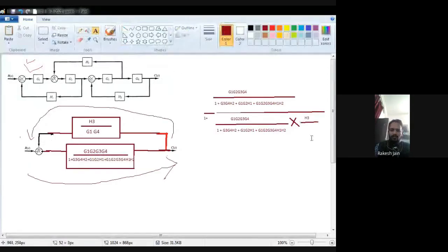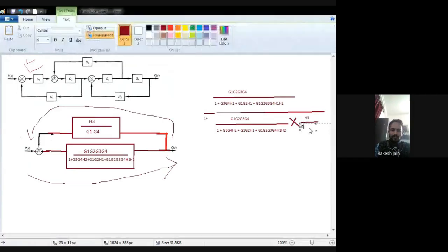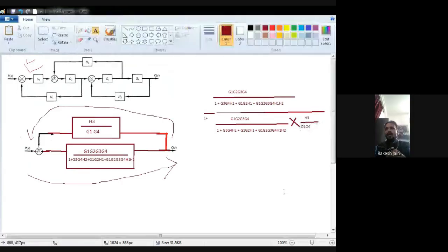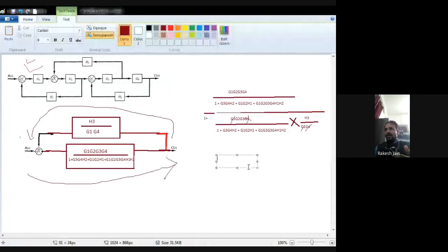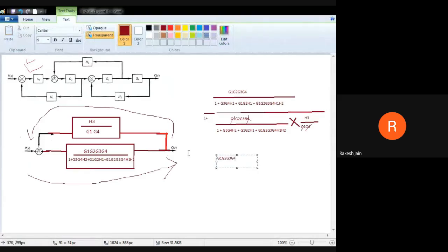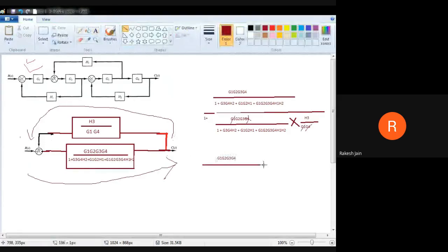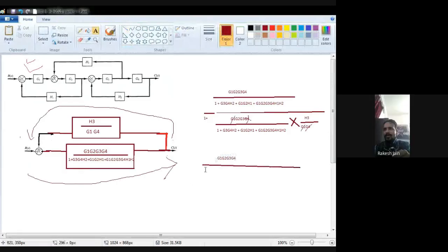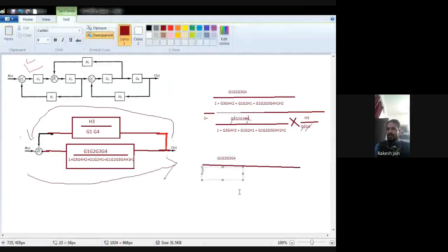Okay, so instead of these 2 blocks, we just remove these 2 blocks, and only a single block will come, and that is G1 G2 G3 G4 divided by 1 plus G3 G4 H2 plus G1 G2 H1 plus G1 G2 G3 G4 H1 H2.